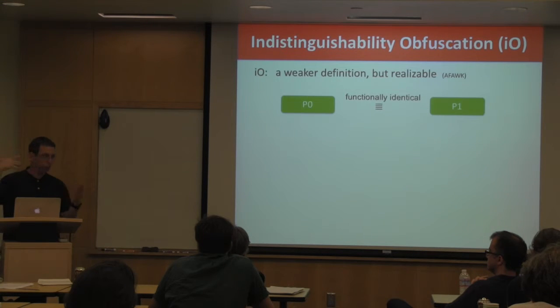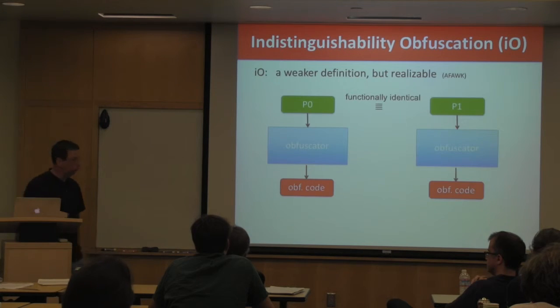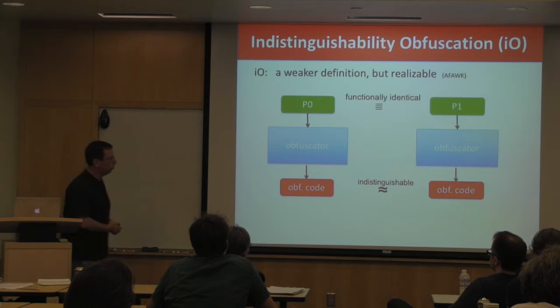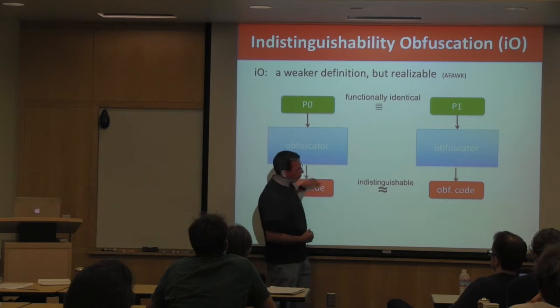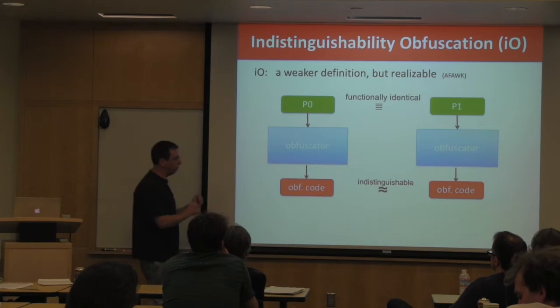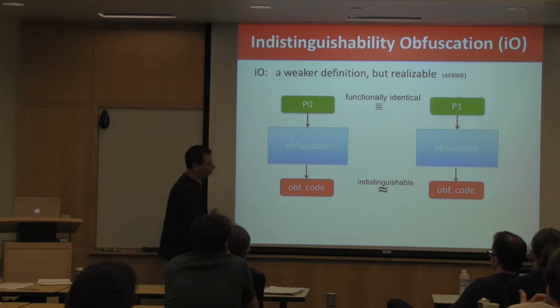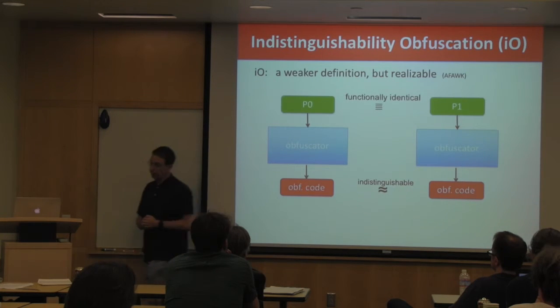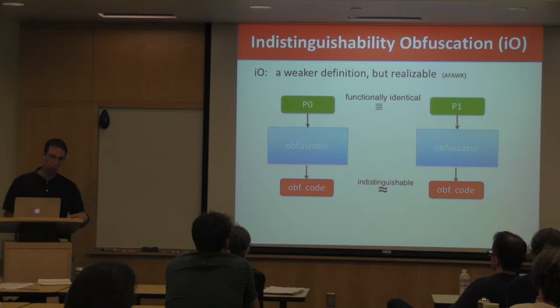These are two implementations of the increment by one program. The obfuscator will generate obfuscated code, and the point is that the obfuscated code looks the same whether it came from P0 or from P1. Once you obfuscate them, you can't tell whether they originally came from P0 or P1. If that's the case, then we say the obfuscation is secure.